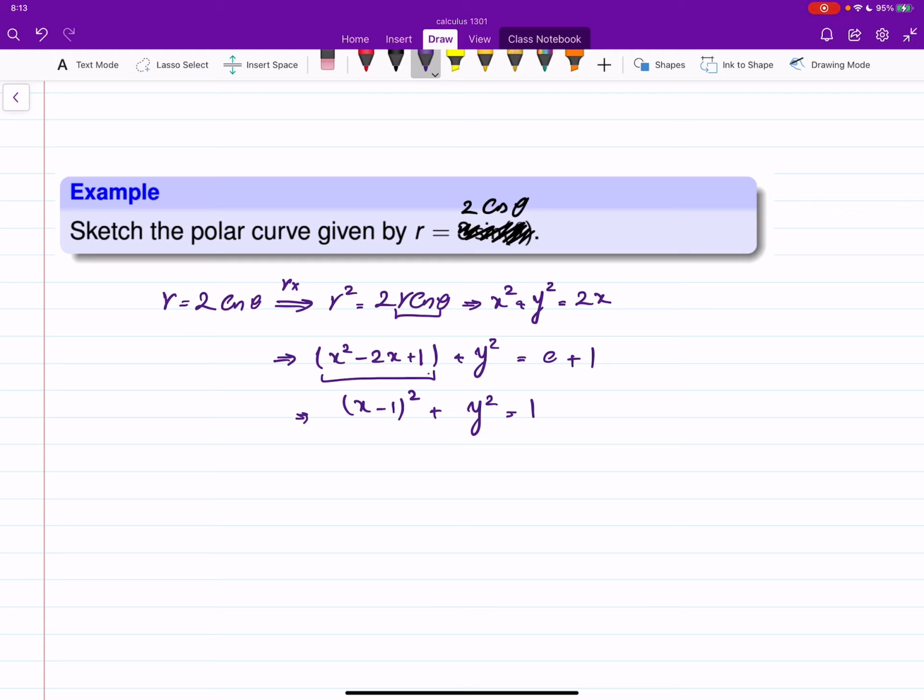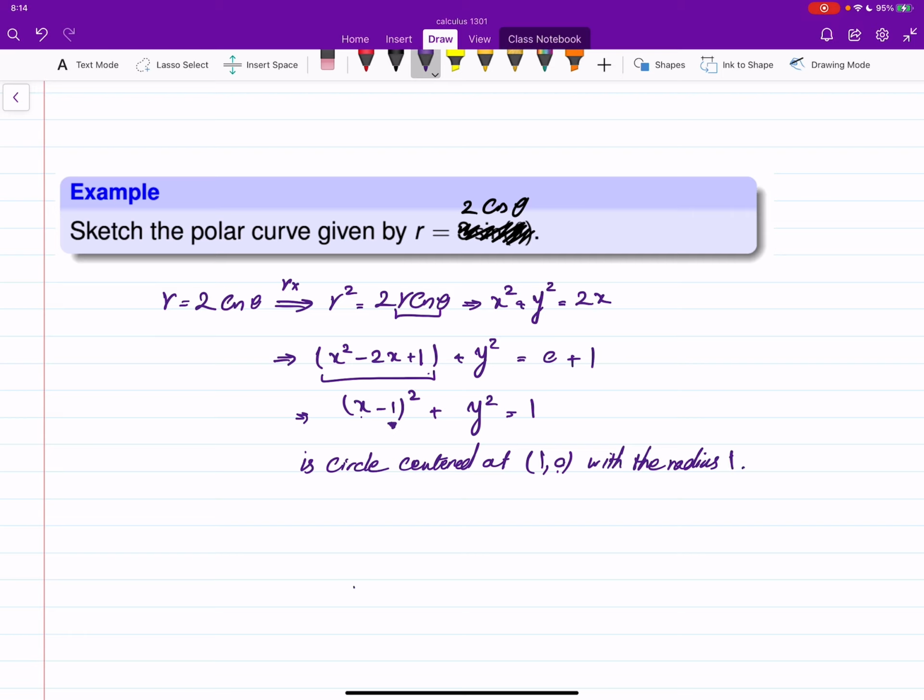Then you see that this is a circle centered at 1 and 0. You see x minus 1, that is the x coordinate of the center, and y minus 0 squared, so that is 0 there, with the radius the square root of 1, which is just 1.